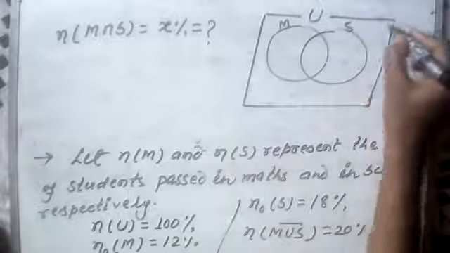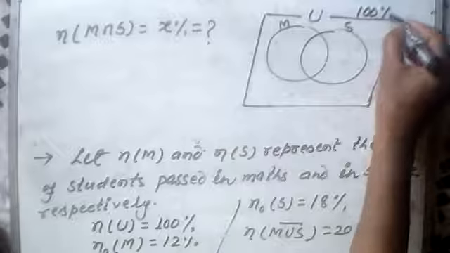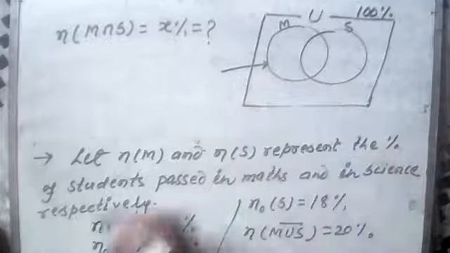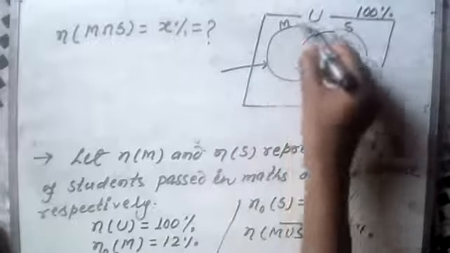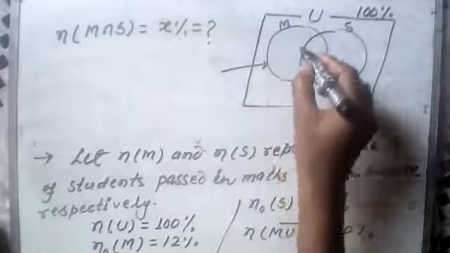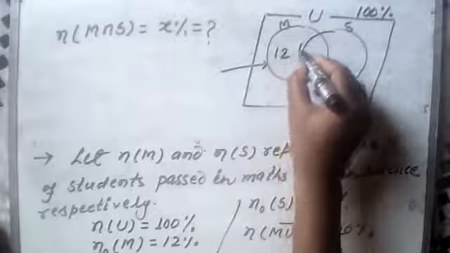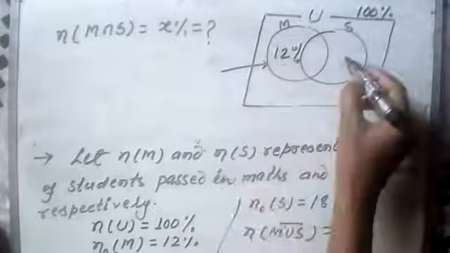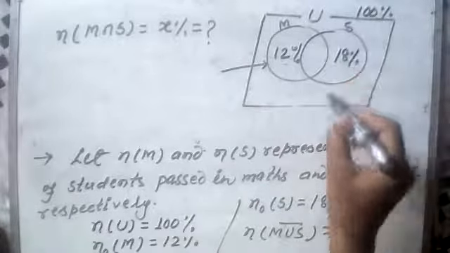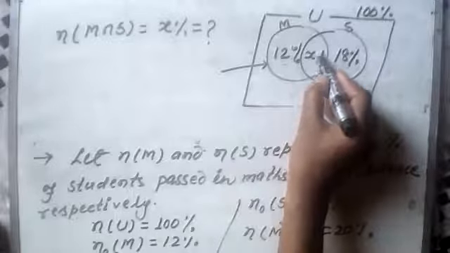NU is 100%. This total is NM, but this part is maths only, who passed in maths only, that is 12%, and this is science only, 18%, and those who passed in both is X%, as we supposed.